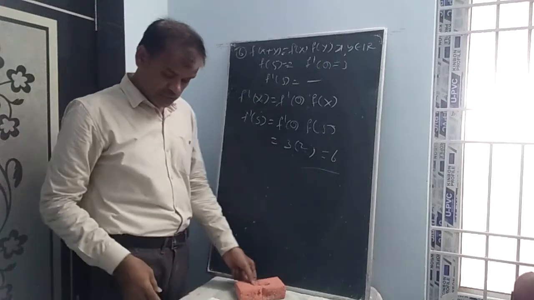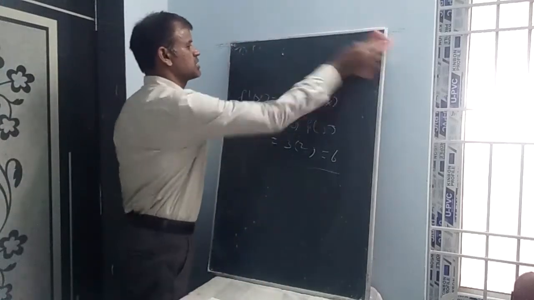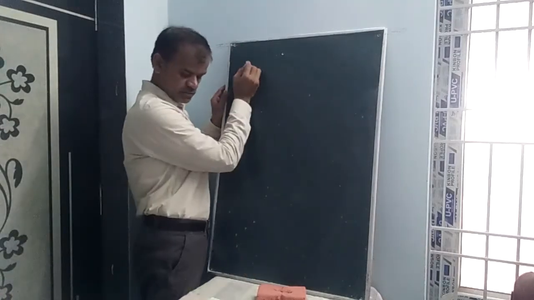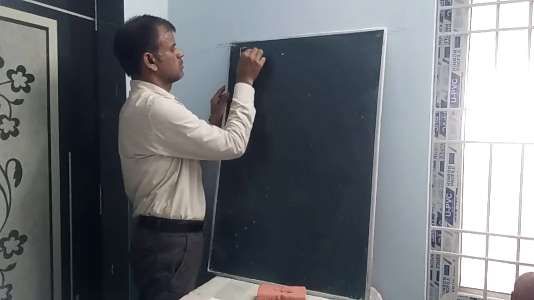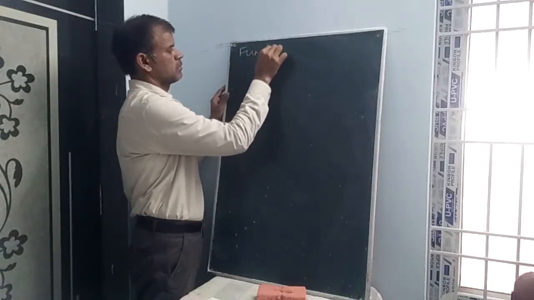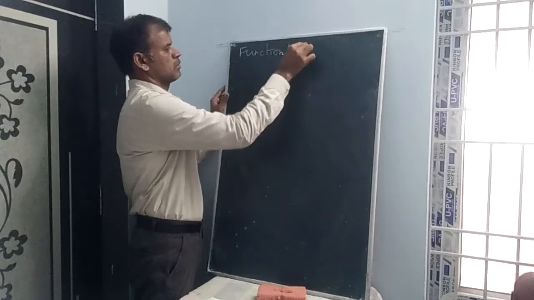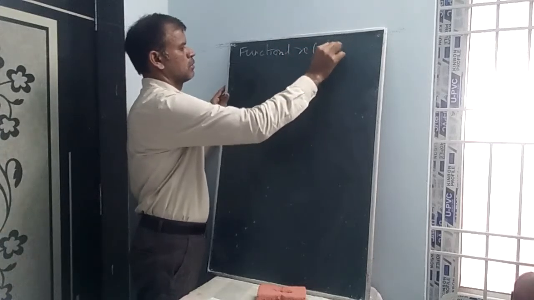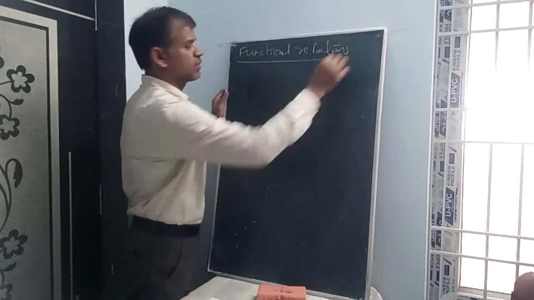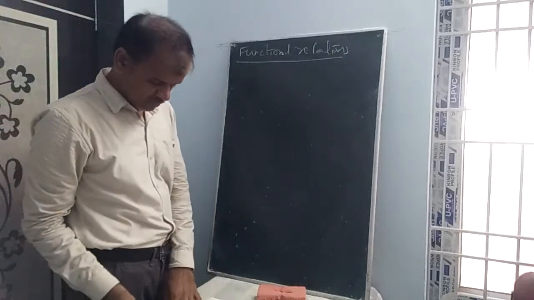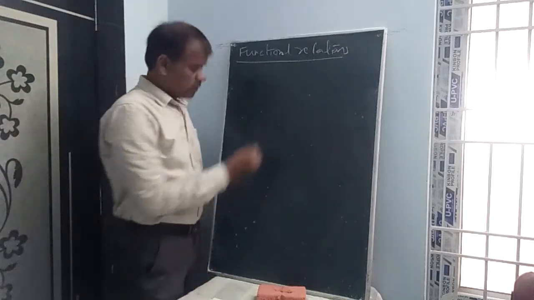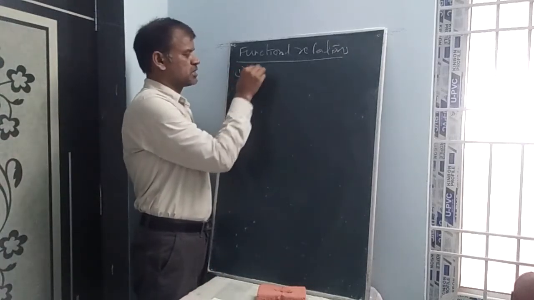Now, let us discuss some functional relations using further derivatives. Using these functional relations, you can do some problems in level 1. Of course, we know already, maybe we have discussed the functions.